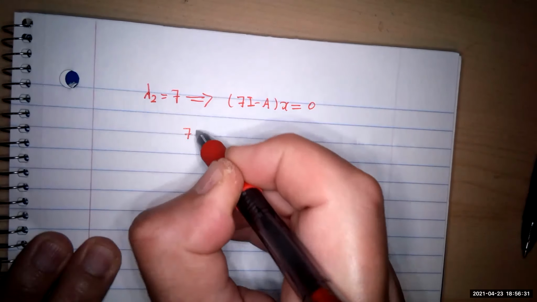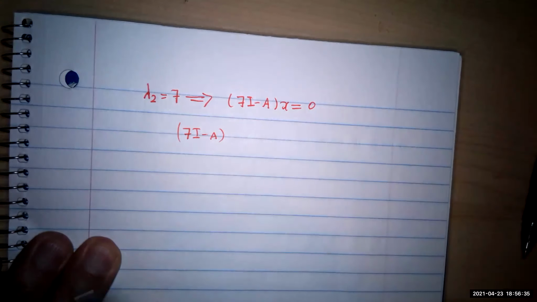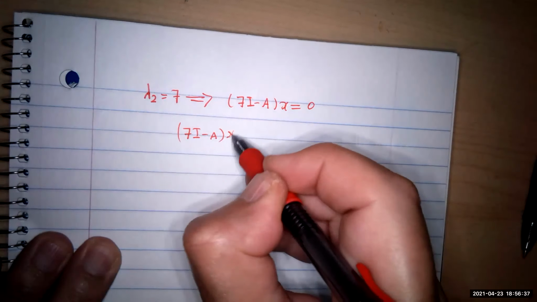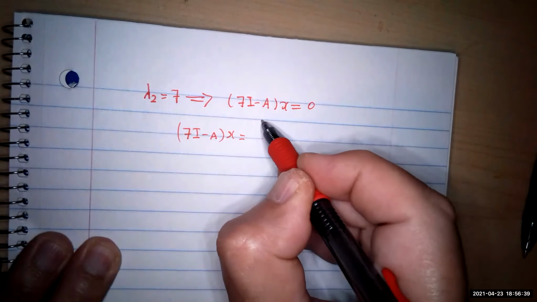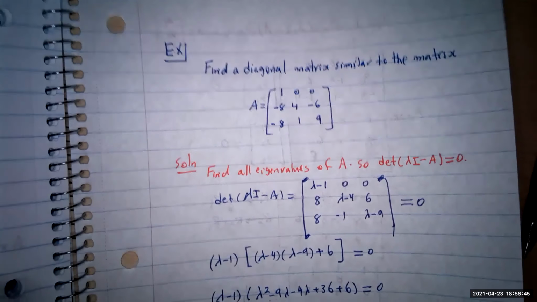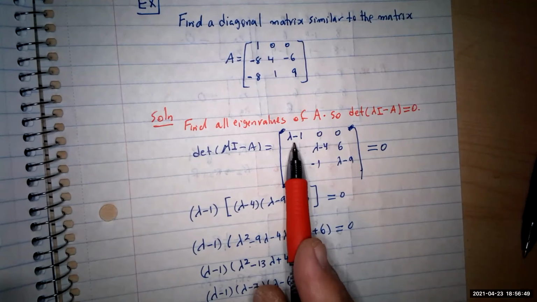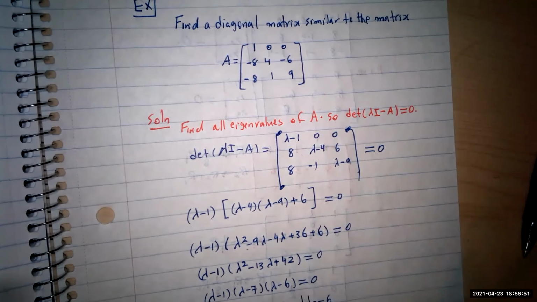So 7I minus A times x is equal to the matrix. Remember the one that we did before. This is it. Replace the lambda by 7. 7 minus 1, 7 minus 4, 7 minus 9. So that is going to be the result.